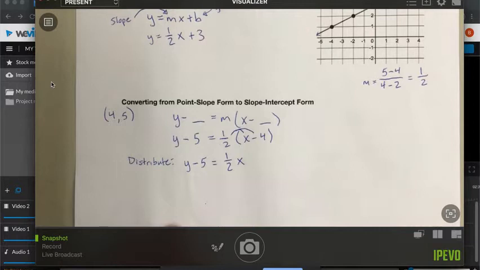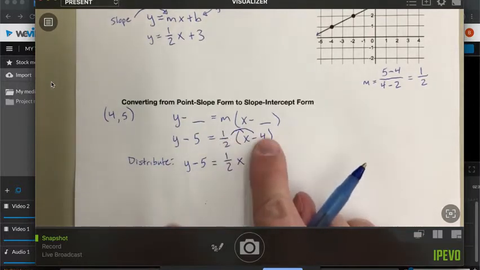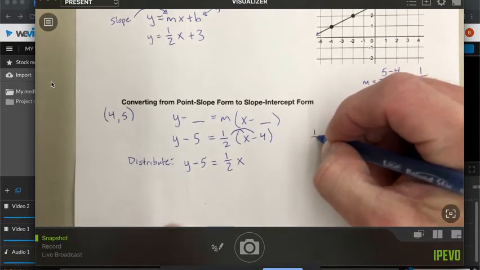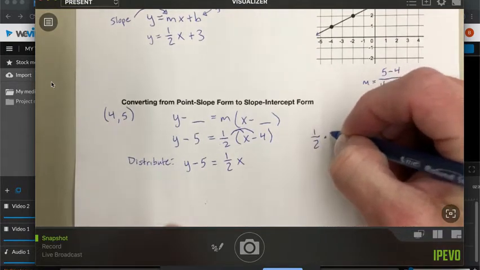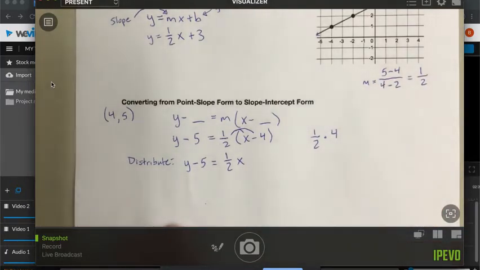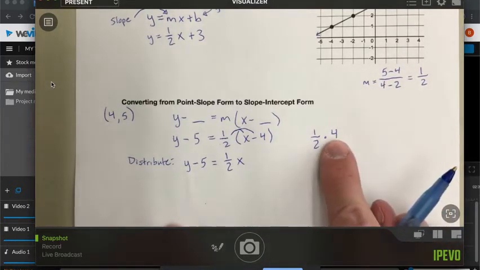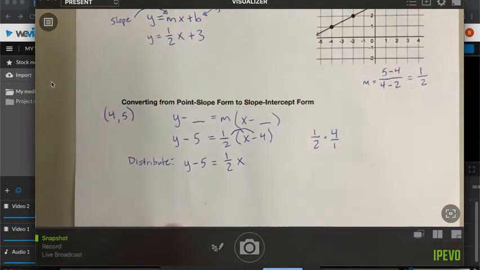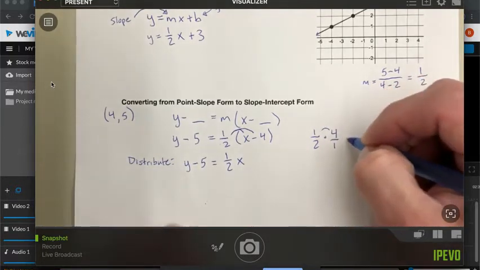Where it gets tricky is you have a fraction times a whole number. So off to the side here, I'm going to write that 1/2, and it's being multiplied by 4. The thing to remember about whole numbers is any whole number can be written as a fraction over 1. So now all I have to do is, what's 1 times 4?